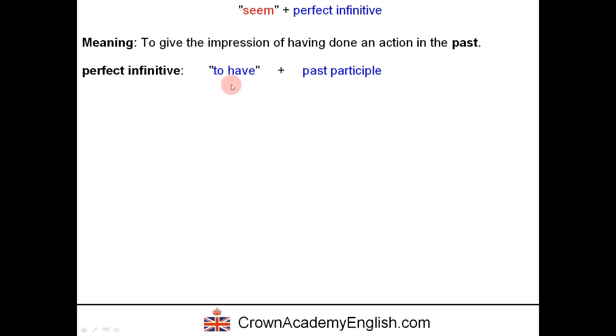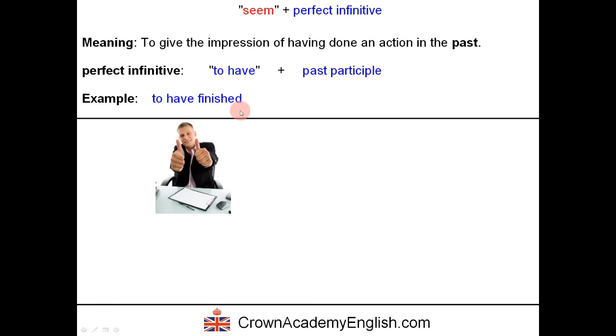And the form is to have followed by the past participle. To have finished. Example. So, Mark seems to have finished the project. So I have the impression that Mark has finished the project.